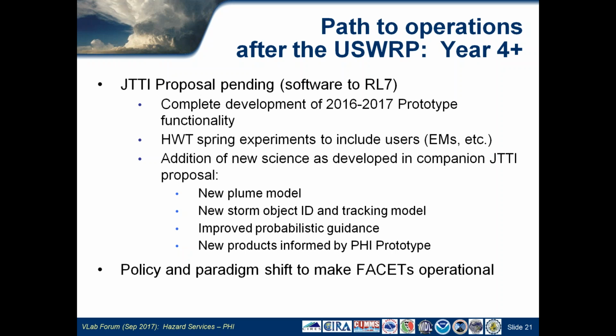Is that what you're saying? Yeah, that's exactly what we're saying, and that's what PHI allows the forecaster to do in the semi-automated states. They can take over the motion of a ProbSevere object and put their manual motion on it, that kind of thing. Okay, got it. Thanks.